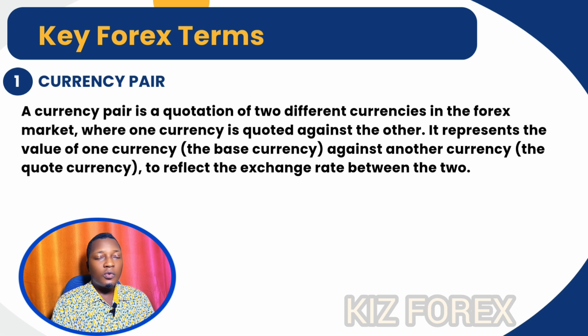The first currency that is quoted is regarded as the base currency, and the currency that is quoted against is regarded as the counter currency. This is done to reflect the exchange rate between the two. So you have two currencies and one is quoted against the other. These quotes represent the value of those currencies against the other currency. This is what a currency pair is all about.